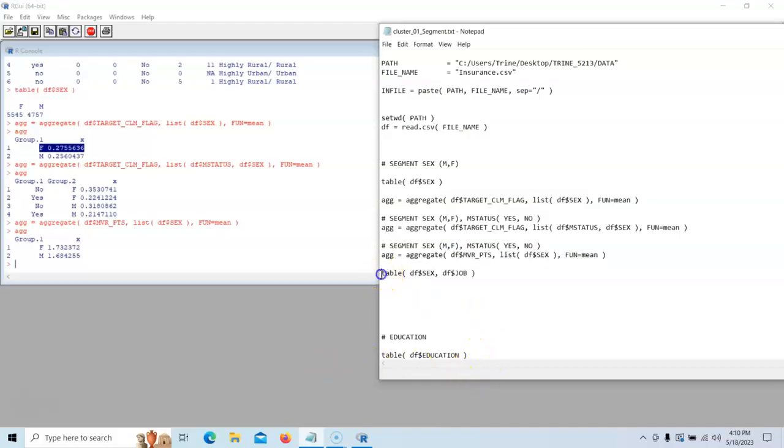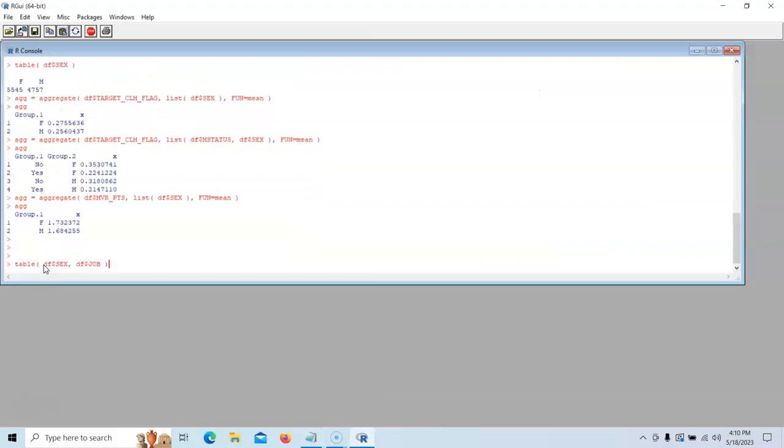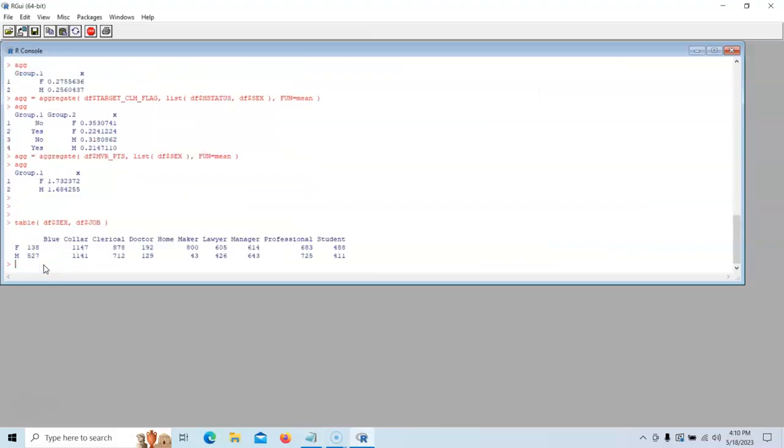We can also learn other things too. Let's do a table of our segment on sex and look at the jobs. So this is sex based upon jobs. Let's do it the other way.